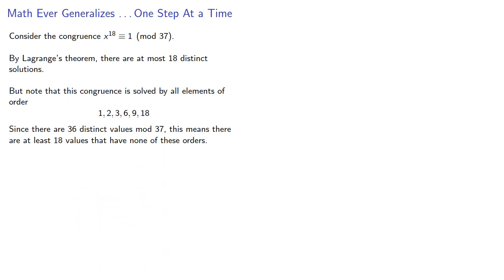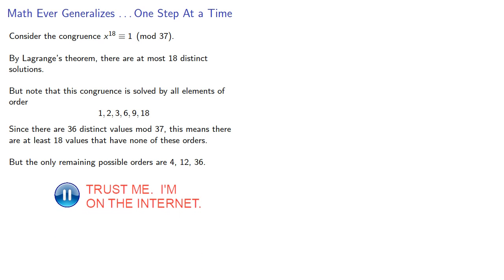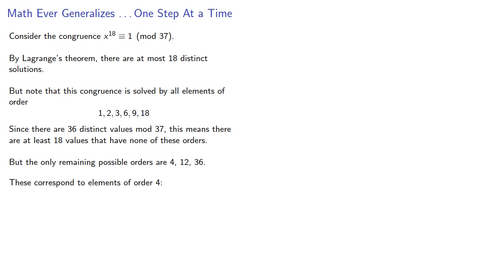Since there are 36 distinct values mod 37, this means there are going to be at least 18 values that are none of these orders, but the only remaining possible orders are 4, 12, and 36.